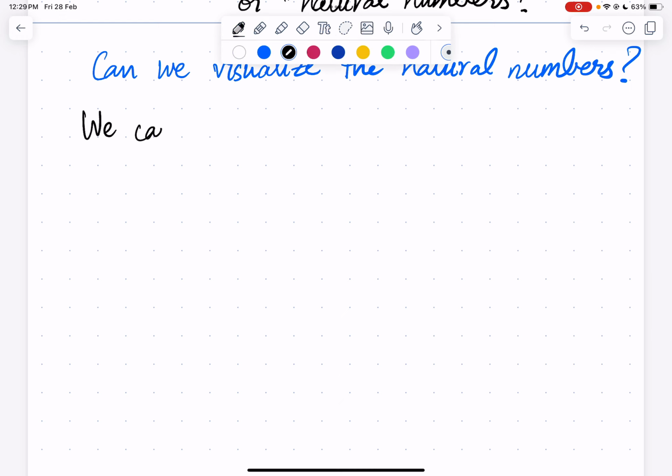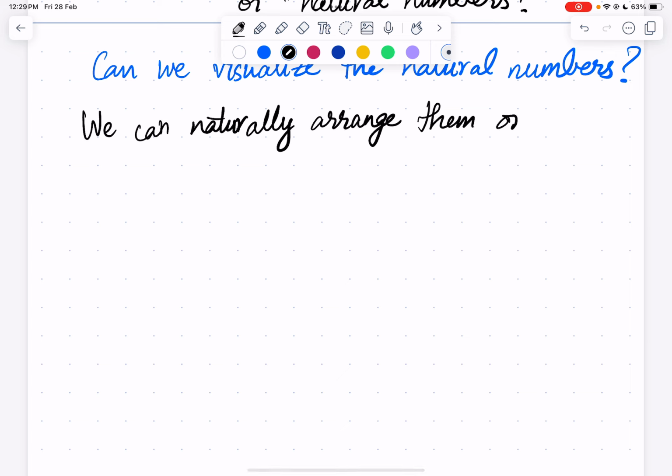So we can naturally arrange them on a line, like in a ruler.